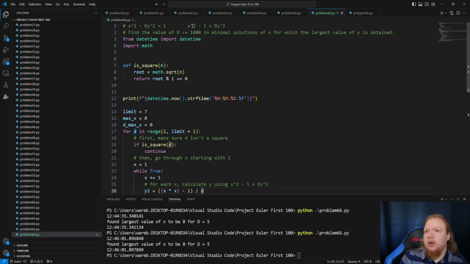So we find x squared, and then that is going to be 1 larger than d times y squared.